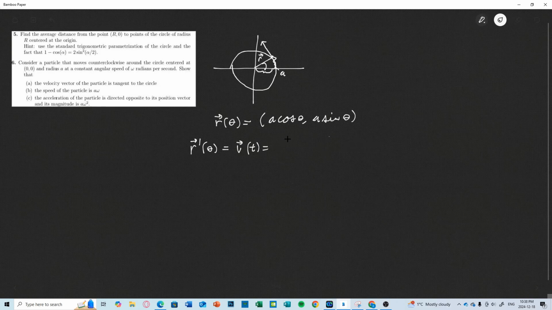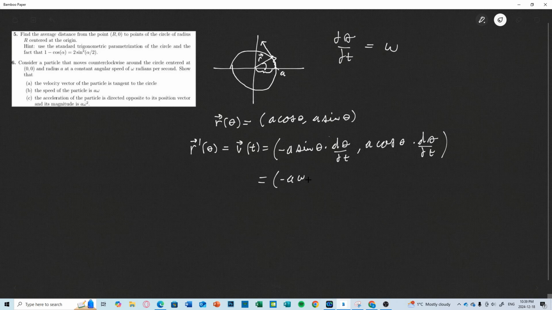So since we want it in terms of t, this is going to become negative a sine theta, but because we have to do the chain rule, we need to multiply it by d theta over dt, and then it's going to be a cos theta multiplied by d theta over dt. But in the question, it tells us what d theta over dt is, because that is our constant angular speed, which is omega. So this gives us negative a omega sine theta and then a omega cos theta.